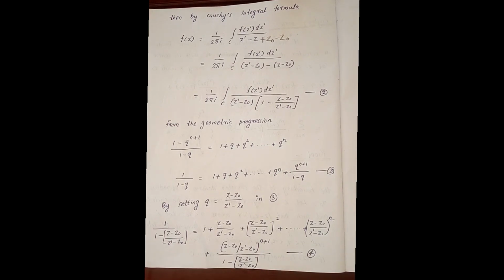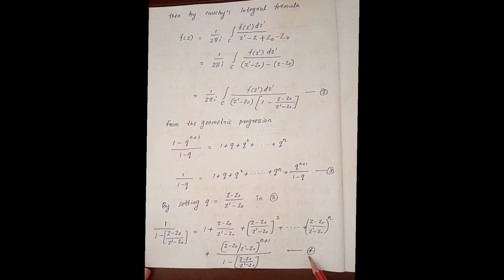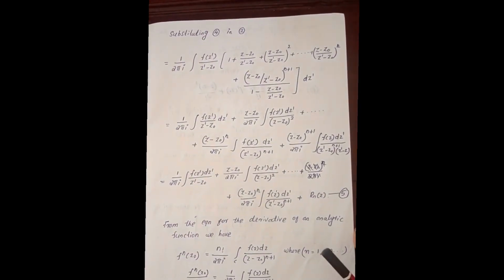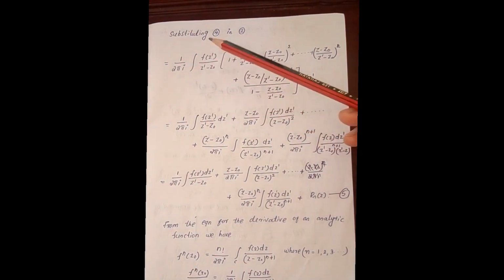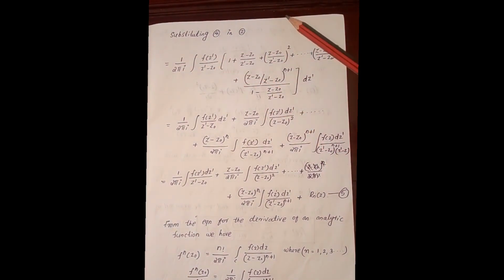And now we are substituting this equation, that is equation number 4, in equation 2. We are substituting equation number 4 in equation 2. We can write 1/2πi ∫ f(z')/(z' - z0) into 1/(1 - (z - z0)/(z' - z0)).